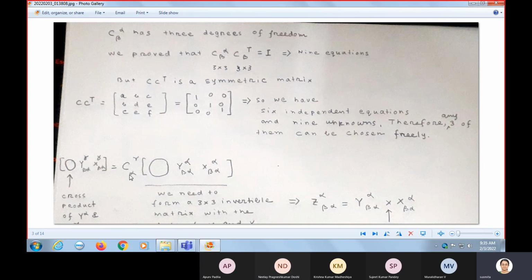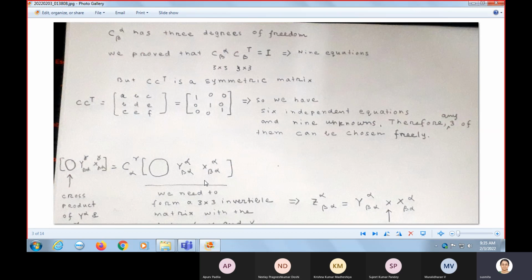Next is this one. So we have 2 non-collinear vectors y and x. See, here what we need to do is pick a column in such a way that the column is not collinear with x and y. One way to do that is to just take the cross product. We know that the cross product is perpendicular to both vectors.